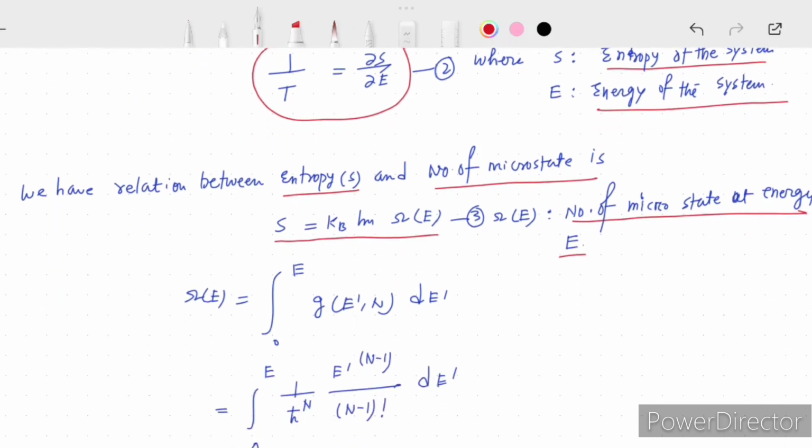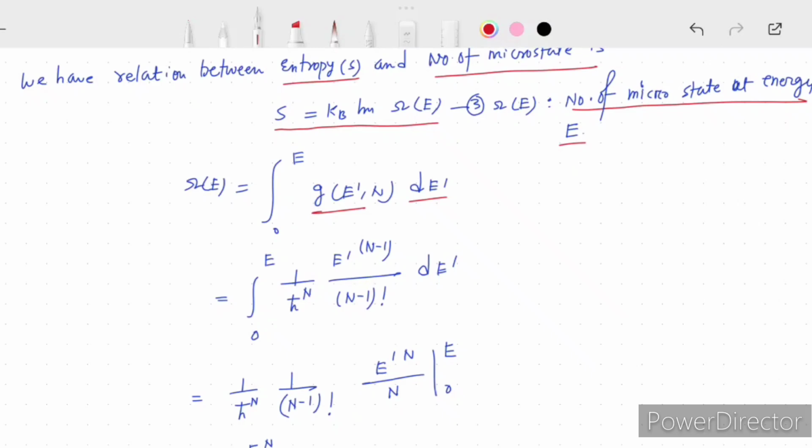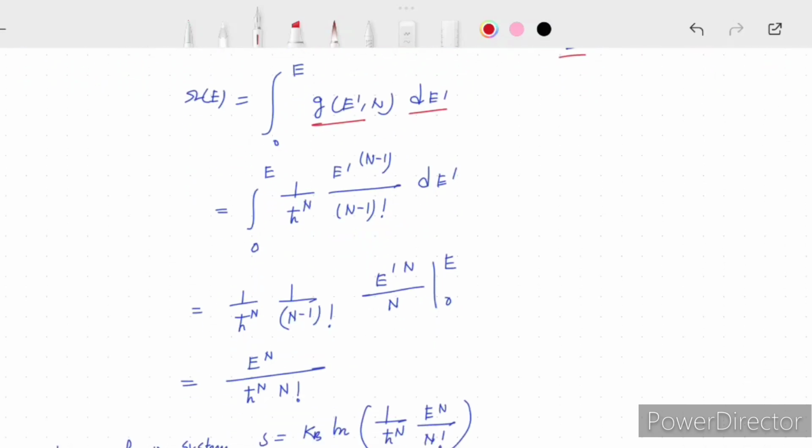We know the number of microstates has a relationship with the density of state. So the number of microstates, omega E, equals the integration from 0 to E of the density of state dE. We substitute the density of state, 1 upon h cut to the power n, E prime to the power n minus 1, take out the constant terms, and simply integrate.